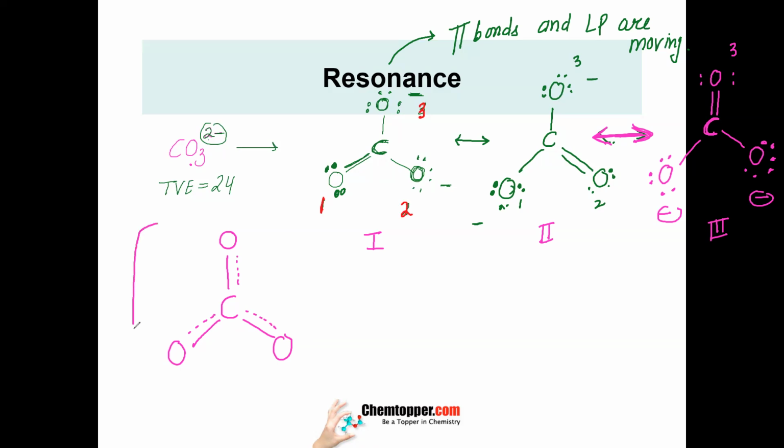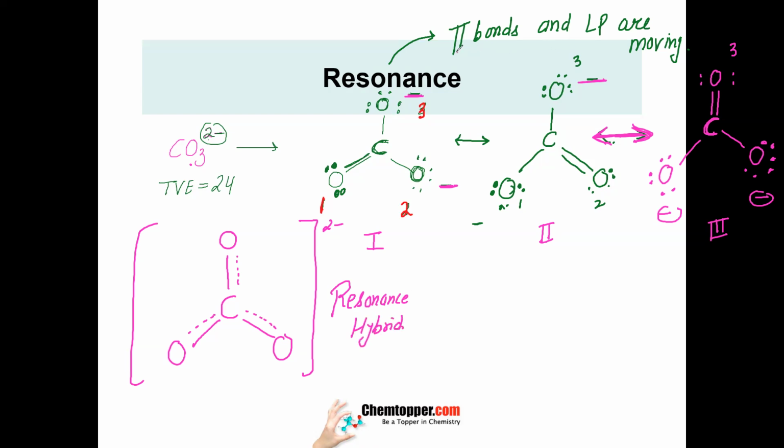And the negative charge, which I'm making here on this oxygen and on this oxygen, then I'm moving it to other oxygen, that is also not on any 2 oxygen. That is also all over on all the oxygens. It's like this. This is called the real structure, the resonance hybrid.